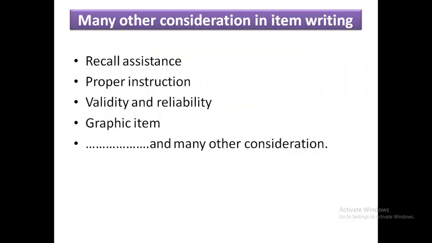Now there are many other considerations in item writing, but I'm going to conclude with discussion of these items. Some others are, say, recall assistance. Recall means how much the respondents can remember. Say the researcher is investigating the diet or nutrition practices of people of a particular community or village, then the researcher needs to know how much protein they consume in a month or in a year or on a daily basis.